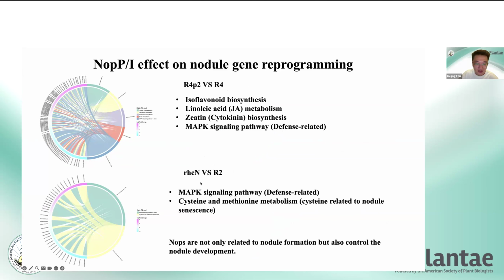The differentially expressed genes show that the nodule's defense mechanism or senescence-related genes were changed after we blocked the T3SS system. So we're pretty sure that NOPs are not only related to nodule formation, but also control nodule development.